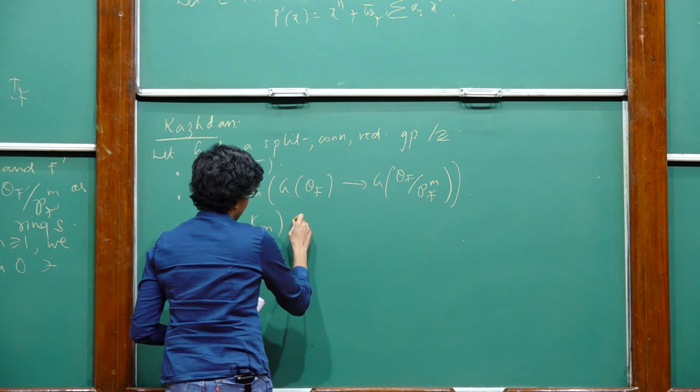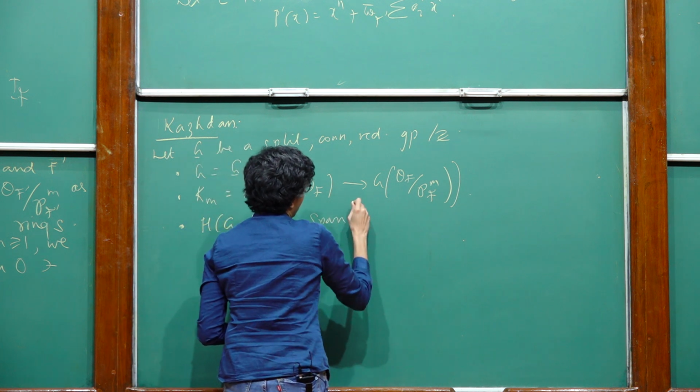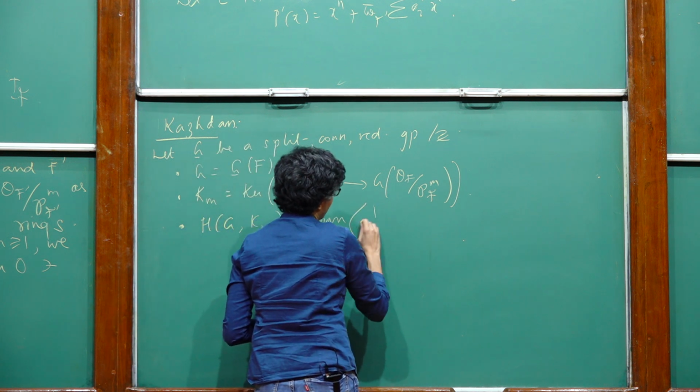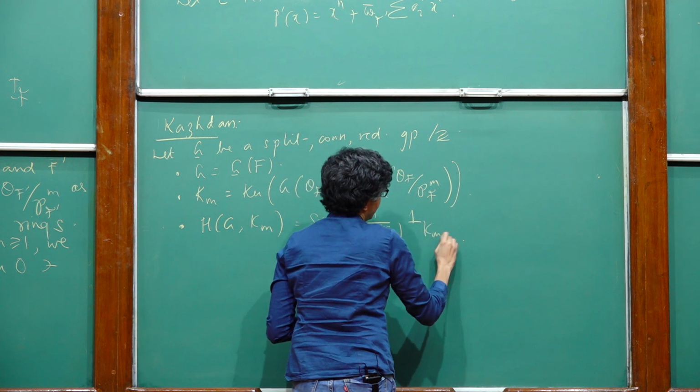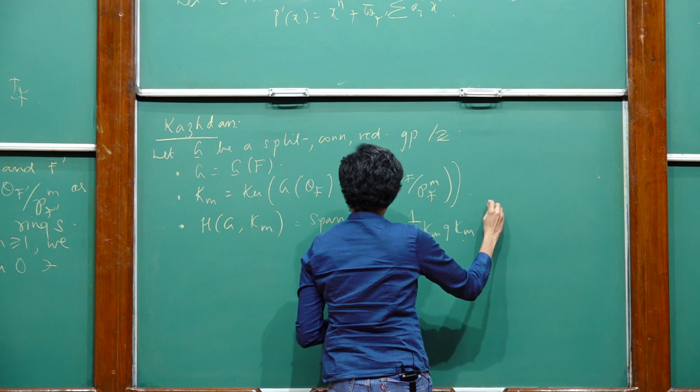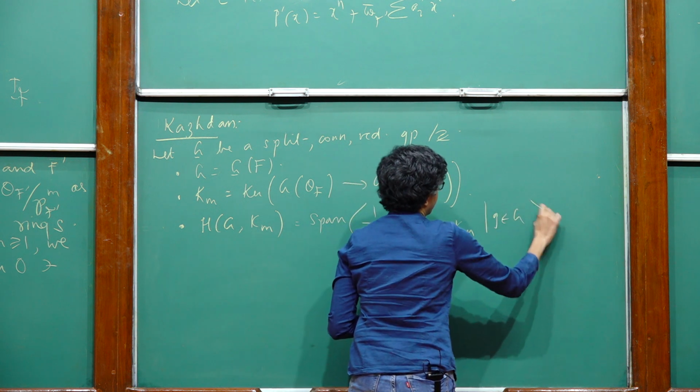So this is the C-span of 1 over volume of K_m times the characteristic functions of K_m g K_m, g in G.